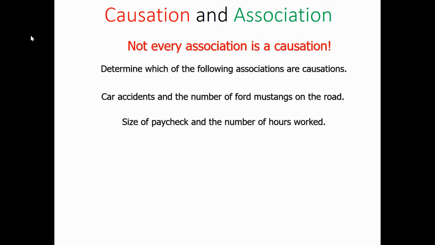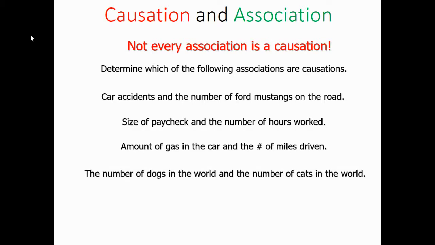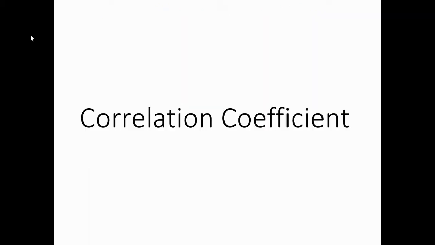This one is a causation because if you work more hours, you make a bigger paycheck. If you work less hours, you make a smaller paycheck. So that is a causation. The amount of gas in a car and the number of miles driven. That is an association with causation. The number of dogs in the world and the number of cats in the world. Those two things are associated, but one does not necessarily cause the other to happen.